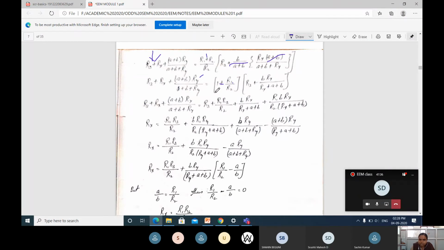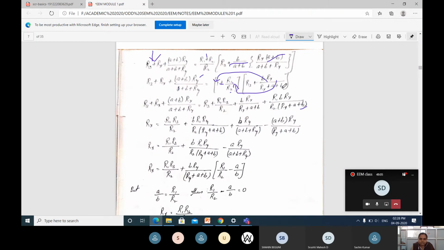First R3 into 1 is R3, then R3 R1 by R2, R1 R3 divided by R2. Then this whole part multiplied with this here, the same you will be getting into 1. Then this part is going to be multiplied to this, meaning Ry into R1, that is B is there, B divided by R2 is there, R2 along with Ry plus A plus B.